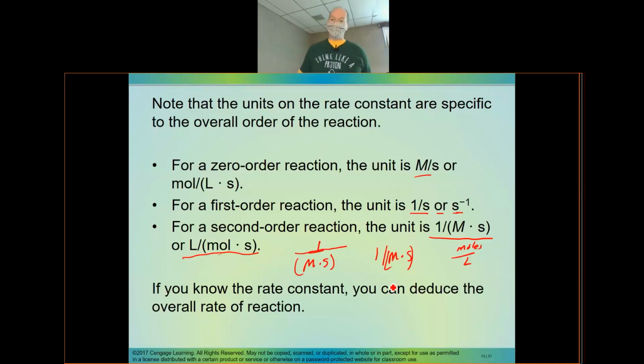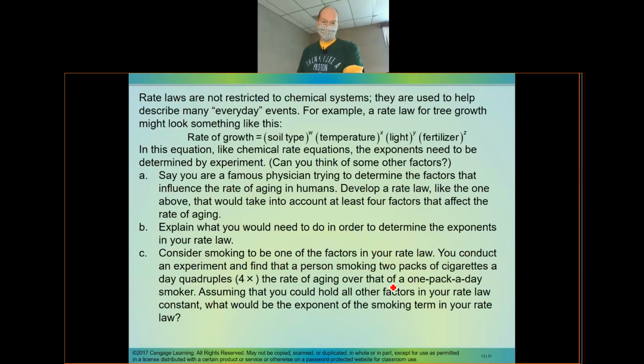Or if they say it's first order and here's a K and they don't give you units, it's going to be 1 over seconds. The default time is going to be seconds. If it is a different time, they must be very clear that the units are 1 over years or 1 over days or 1 over whatever time they're going to use. But the default is always per second.